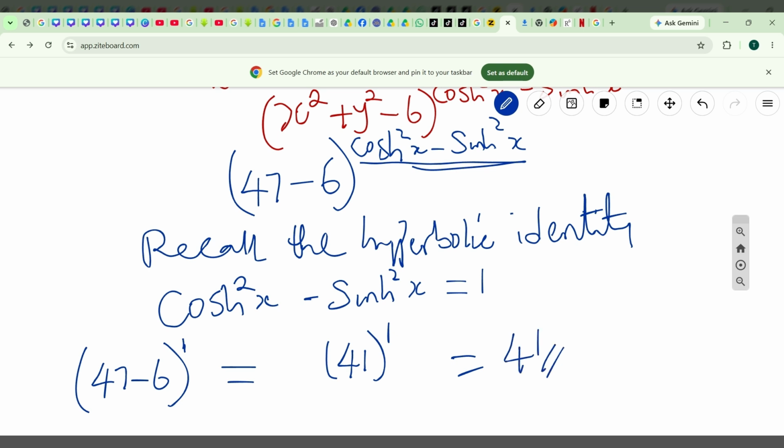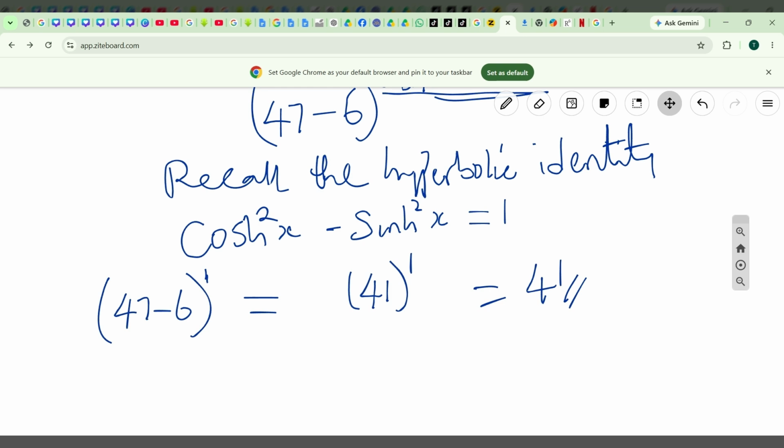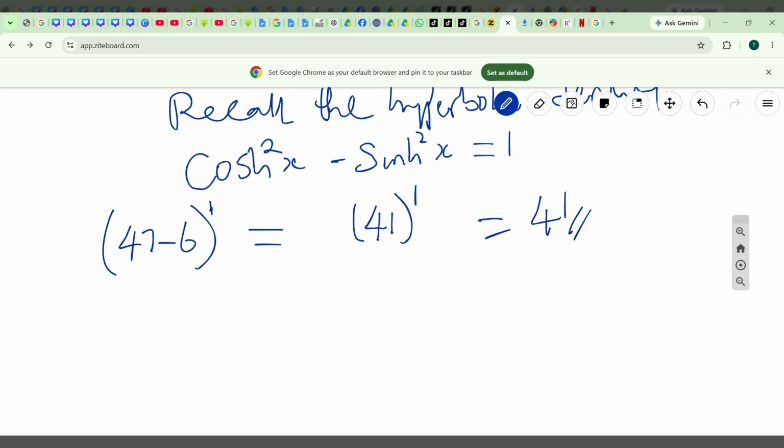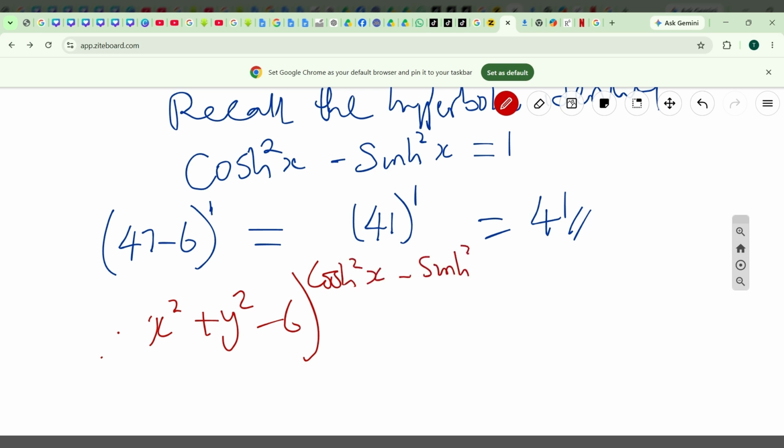And that becomes your final answer. So therefore, our final answer to that question, x squared plus y squared minus 6 to the power of cos square x minus sine square x, is equal to 41.